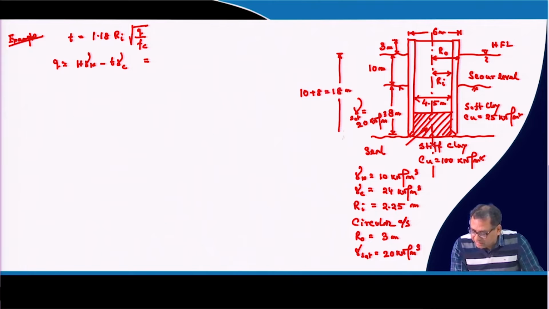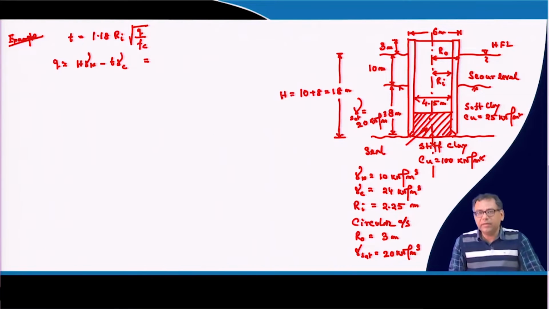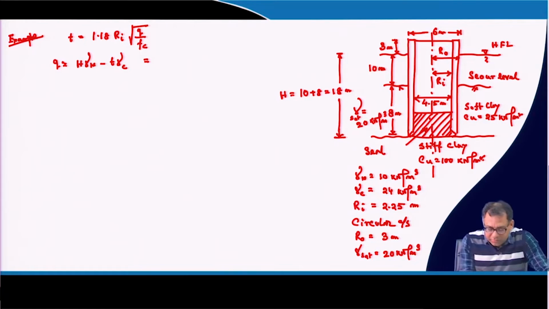So, total height H is equal to 18 meter. Unit weight of water is 10, minus T which we do not know, times 24. So, this will be 180 minus 24 T.